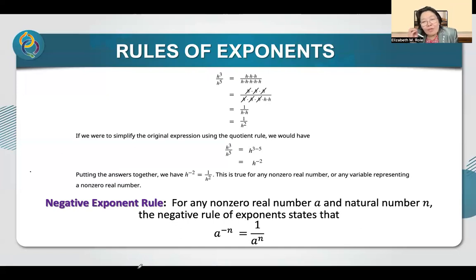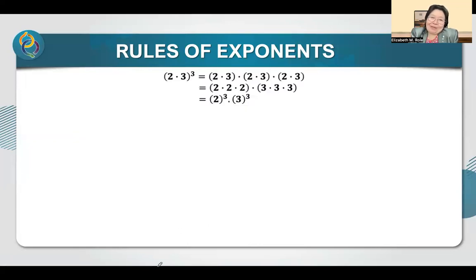If you want to make your exponent positive, you put it in the denominator. So that's another rule, the negative exponent.